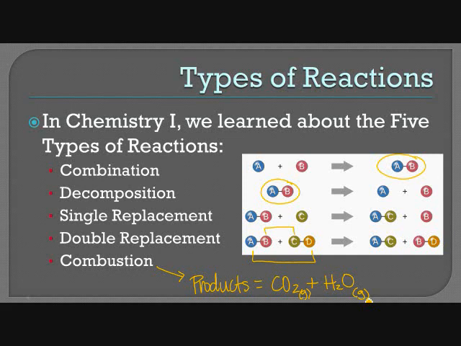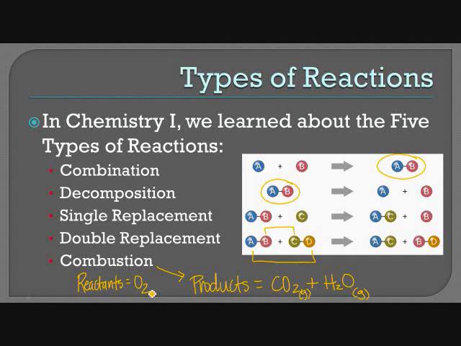So in a combustion reaction, it's going to have a hydrocarbon, so something with C's and H's, if it's going to produce those products. Sometimes we have cases where they are combustion reactions, but it doesn't produce that. And the other way that you can tell it's a combustion reaction is that one of the reactants might be O2. So if it combusts with oxygen from the air, that would be another example.